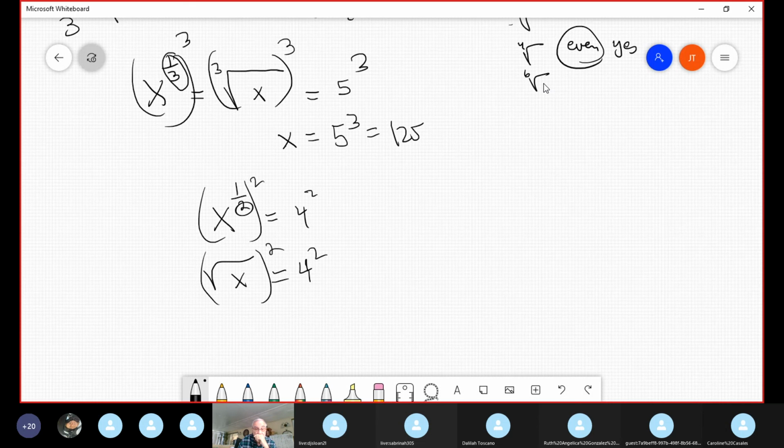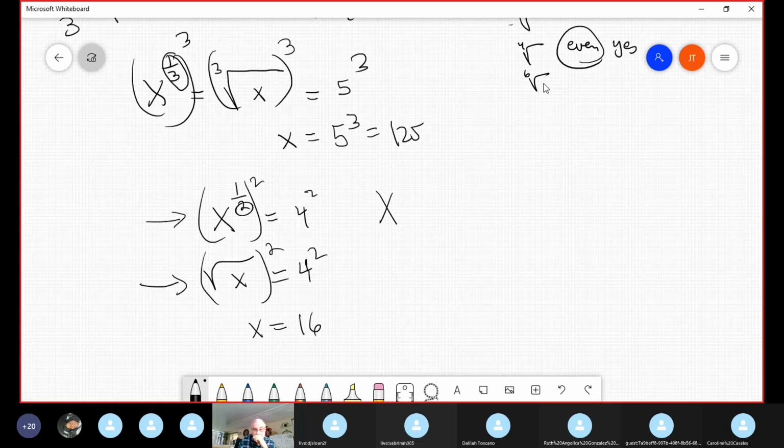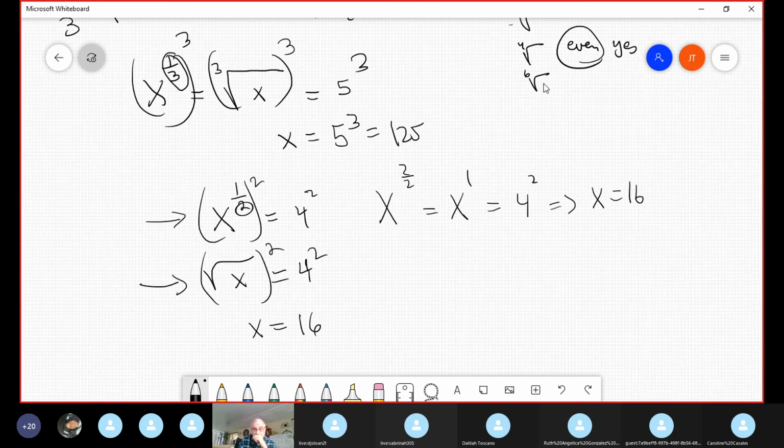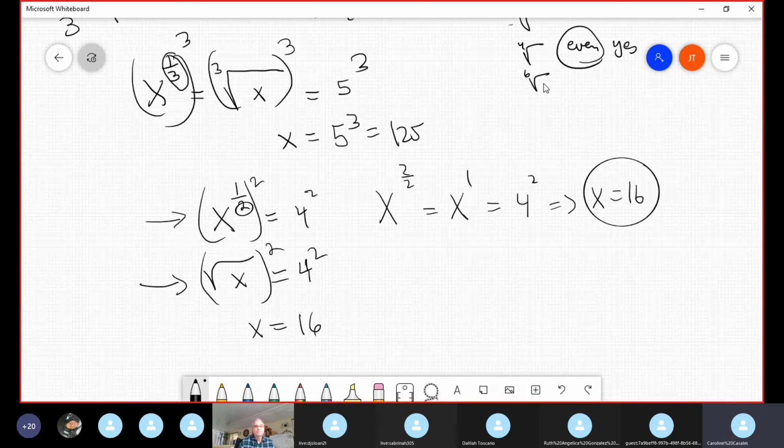In that part, a square root and a square power cancel out each other, and the answer is 16. If you manipulate in this way, it's x to the 2 over 2, which is 1, equals 4. Square is 16. Therefore, x equals 16. We get the same conclusion. More clear now? I understand that one, but on top when you did it, it says 1/2 and you did the cubic root.